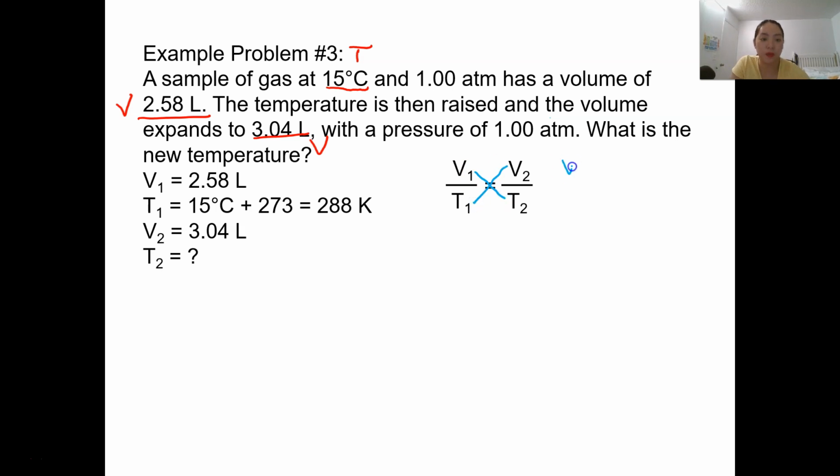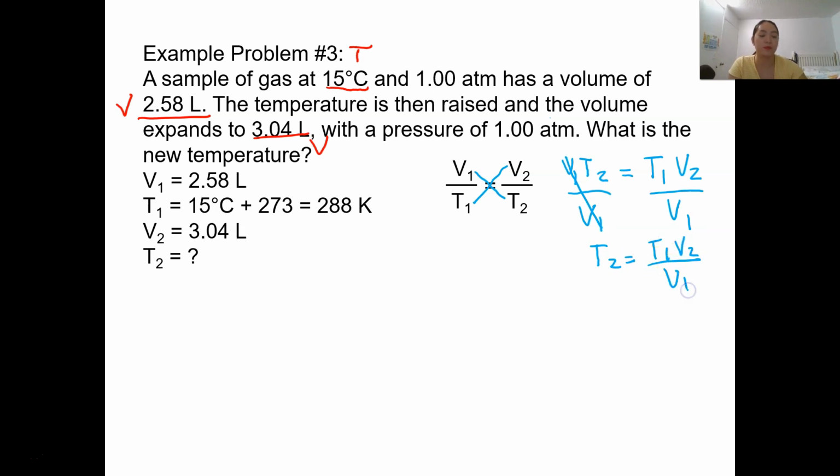And this would give me V1 T2 is equal to T1 V2. And then, because I know I want T2 to be alone, I want to divide both sides by V1. And that would cancel out V1, giving me T2 equals T1 V2 over V1. Just like that.